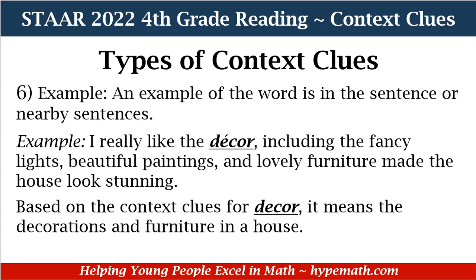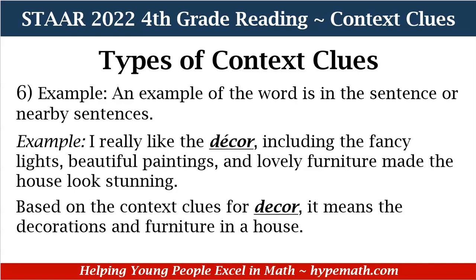Next, we have example. In these context clues, an example of the word is in the sentence or nearby sentences. Okay, and in these types of sentences, sometimes they have a helping word. So in our example, we have: I really like the decor, including, there's our helping word, the fancy lights, beautiful paintings, and lovely furniture made the house look stunning.